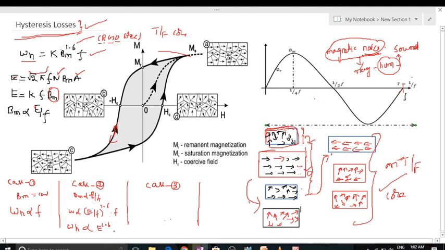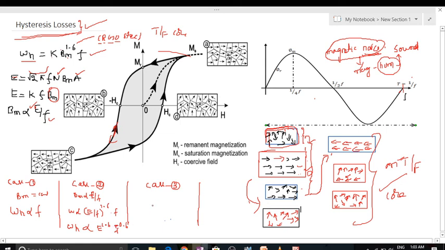F will be cancelled, and we get F to the power minus 0.6 only. So this is the relation if EMF and frequency are variable: hysteresis losses are directly proportional to EMF and inversely proportional to frequency, because the minus sign is there.